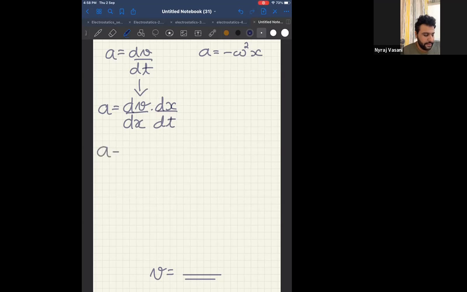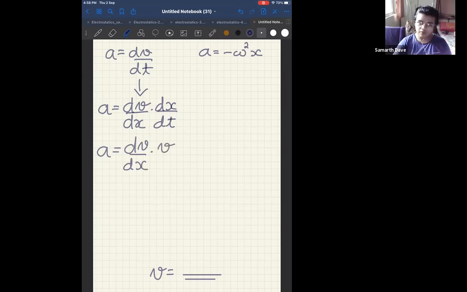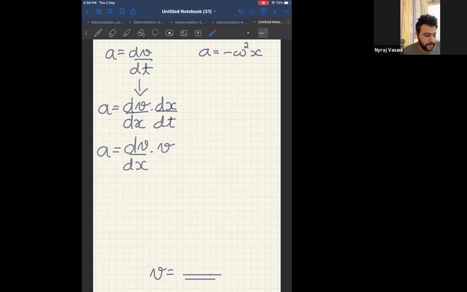Therefore, acceleration is equal to, please look at the screen. Can I say into velocity? What did I do? First I multiplied and divided by dx.